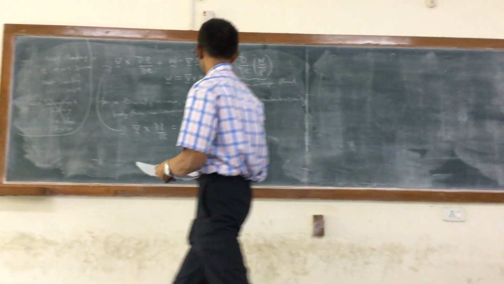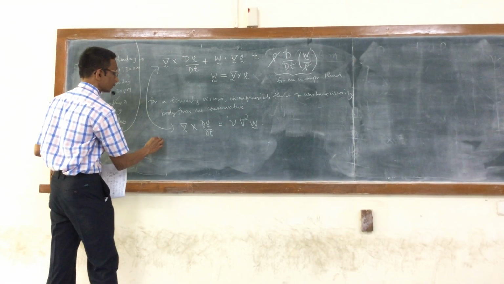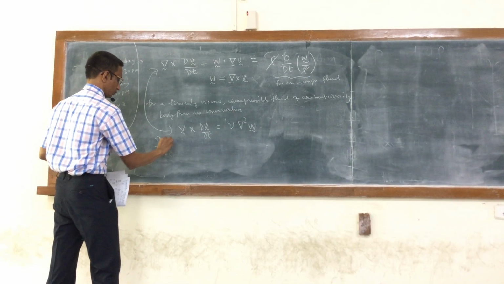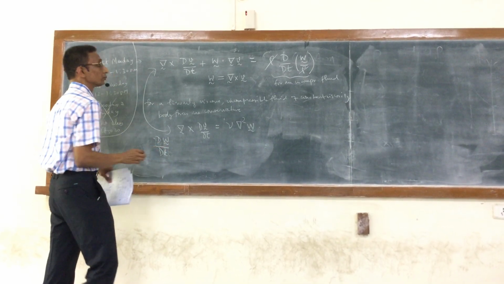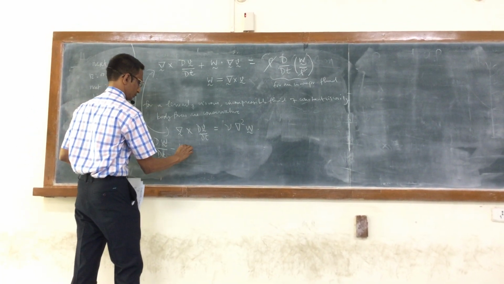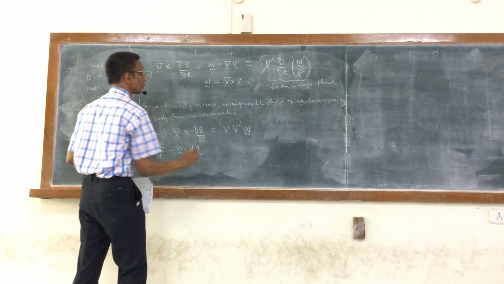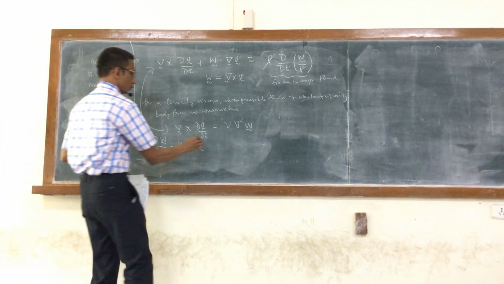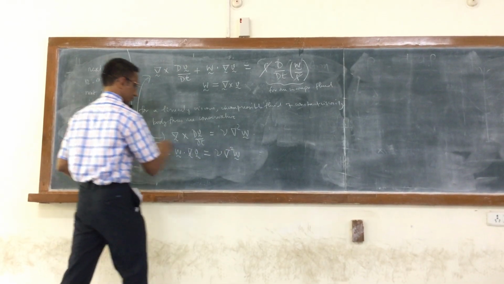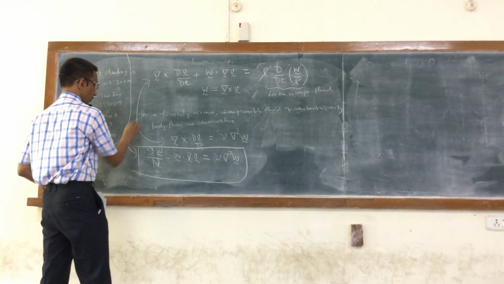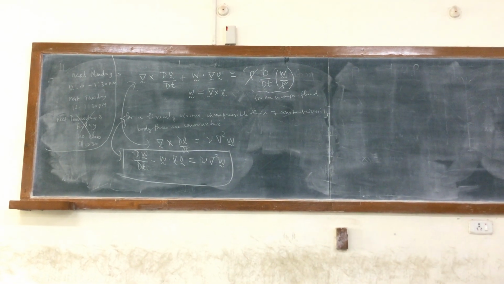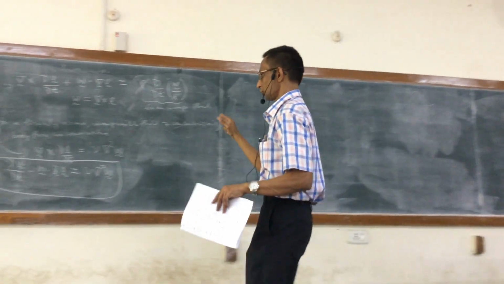If I combine the two, then what would happen is that dW by dt minus is equal to, this is a special equation for the special case of linear viscous incompressible fluid and so on.